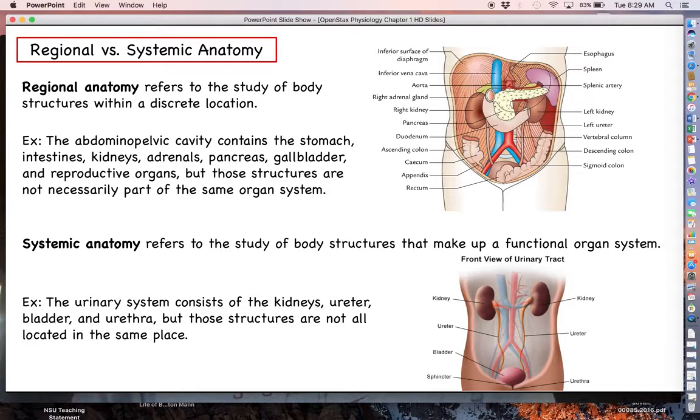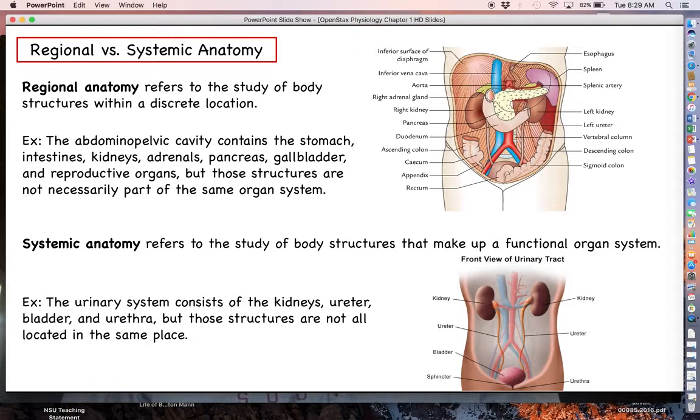All of these are involved in filtering blood and removing excess materials like water, salts, and waste products to create urine, which is transported from the kidneys through the ureters to the urinary bladder and then excreted out through the urethra. Now, all of these structures definitely function together, but depending on how you define your location, they are not all necessarily located in the same place.